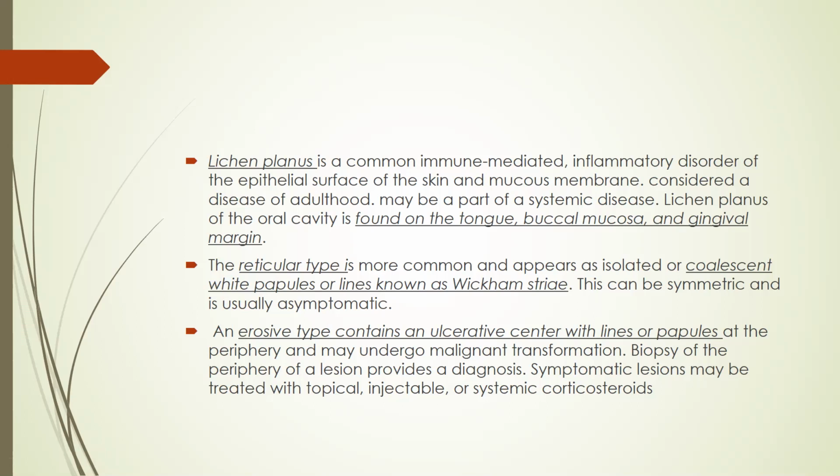So such types of ulceration need special attention because they have the chance to undergo malignant transformation. So a biopsy of the periphery of the lesion provides a diagnosis. We take a biopsy to confirm whether it is the erosive type or not.